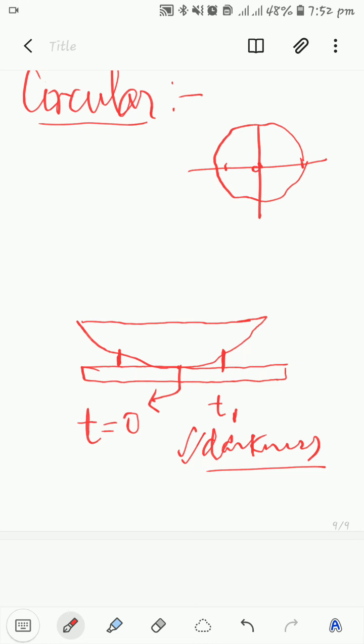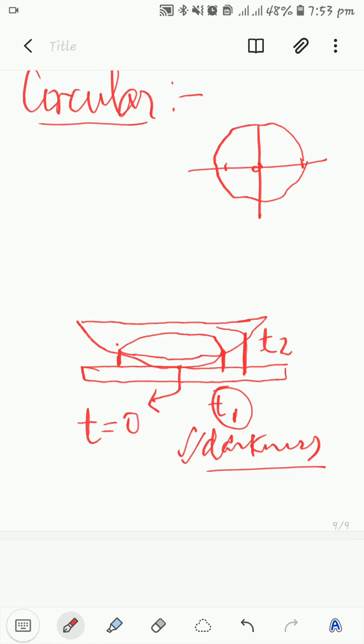The convex lens is itself a circle and follows the locus of a circle, so we get a dark fringe at thickness t1 throughout the circle.